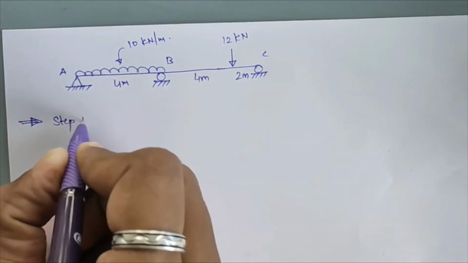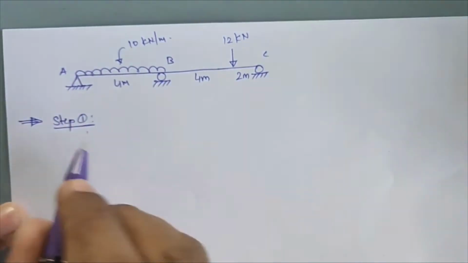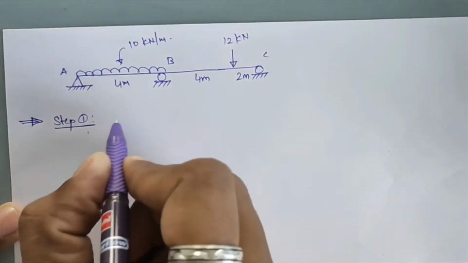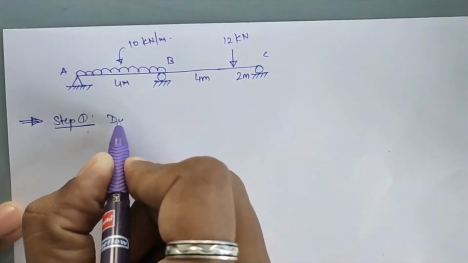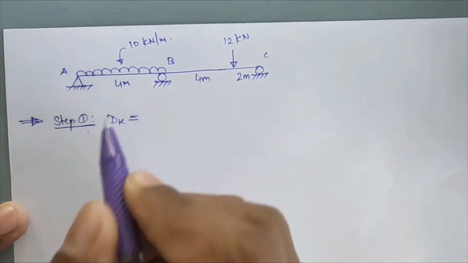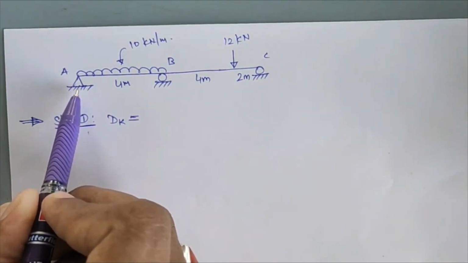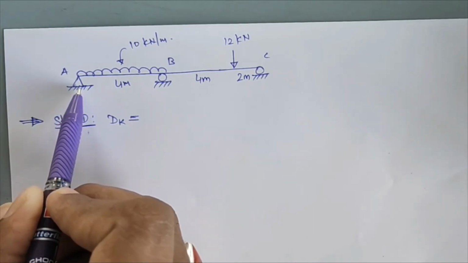Our step number 1: we'll calculate the degree of kinematic indeterminacy, that is dk. Dk is based on the support conditions. At support A you have a hinge support, so dk will exist here.